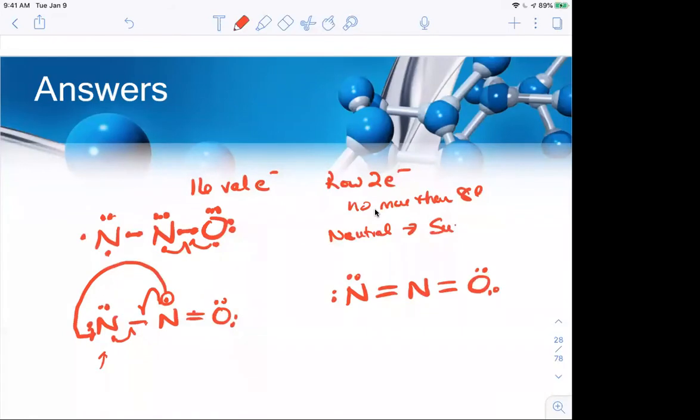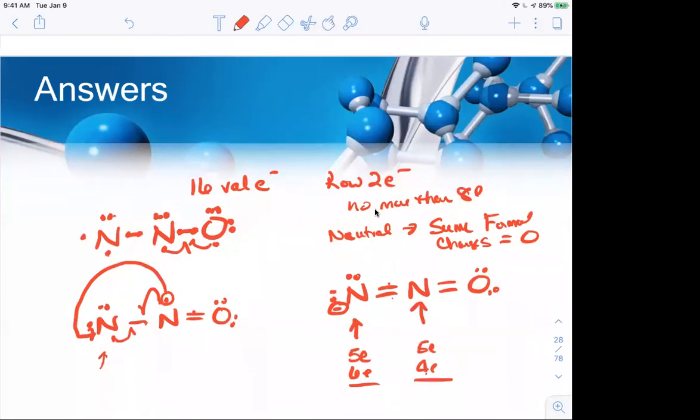So the sum of the formal charges has to equal 0. So let's look at formal charges. I'm supposed to have 5. I have 1, 2, 3, 4, 5, 6. This is a negative charge. I have half the bonding. Here I'm supposed to have 5. I have 1, 2, 3, 4.